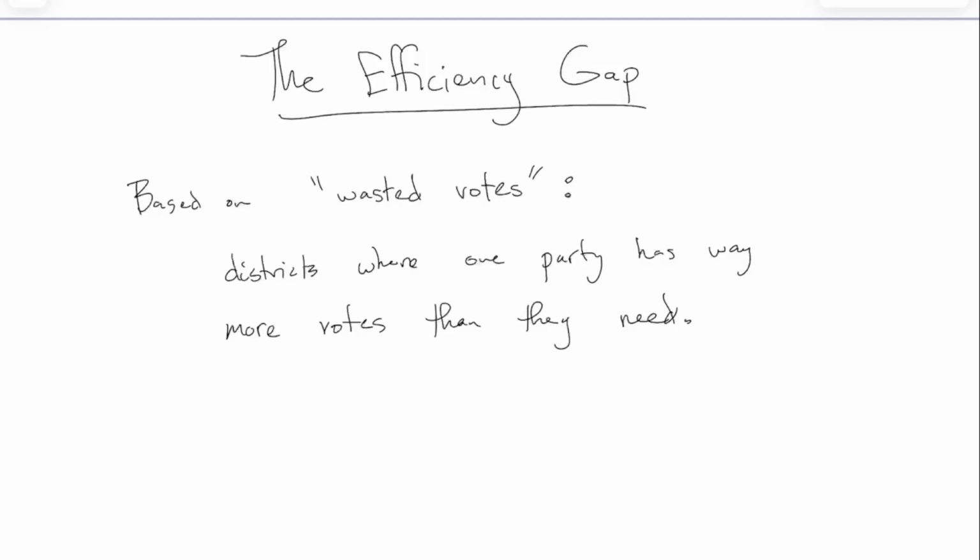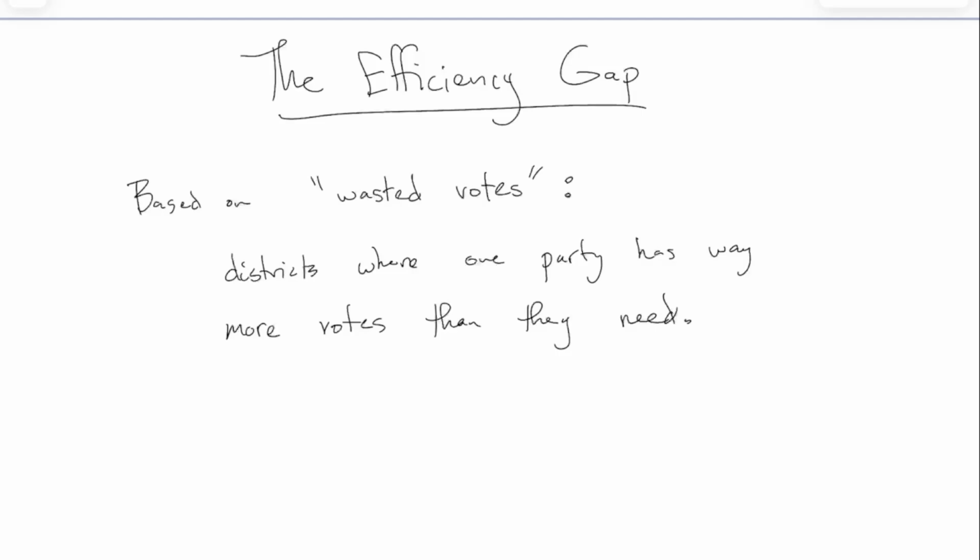And this really is the problem of the Democrats in Wisconsin, is that all of their voters are concentrated into a few districts where they're getting margins of like 70, 80% of the vote. And that's not necessary in order to win. They could have won with only 55%, and then a lot of those Democrats could have been in another district making their votes count. This is what they call wasted votes.